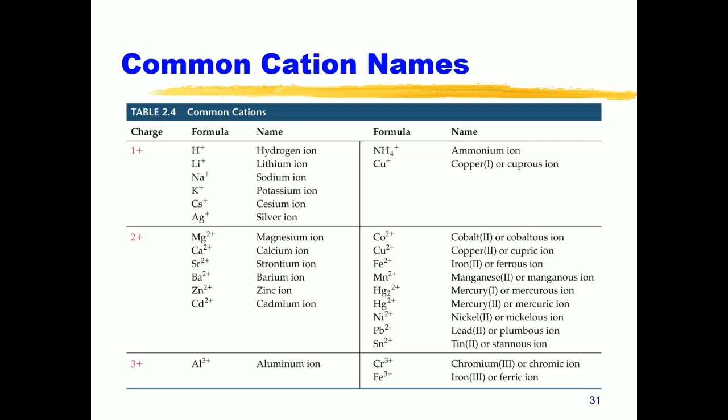Okay, so common ion names. So if it's monoatomic, you just go ahead and name it, add its element. Here in the transition metals, we have the ones that have multiple charges there. I do want to point out that I am not making you guys remember the old-fashioned names.